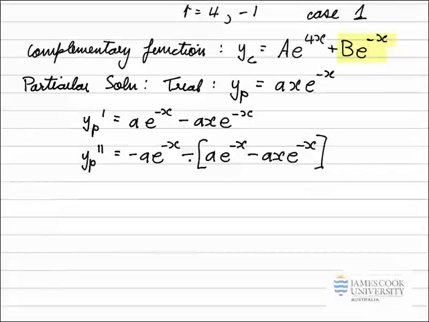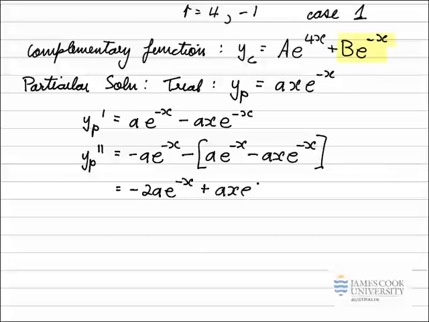Multiplying through by the negative 1 to get rid of the brackets here, adding what I can together, yp double dash can be written as minus 2a e to the negative x. Negative times a negative is a positive, so it's plus ax e to the negative x. I have expressions for yp dash and yp double dash.